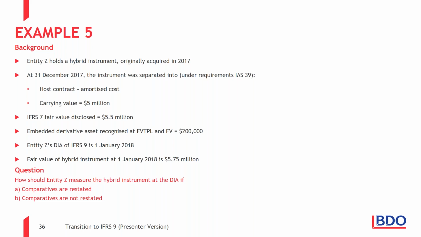So the host contract was at amortized cost and the carrying value was 5 million. Your embedded derivative had a fair value of 200,000 at 31 December.